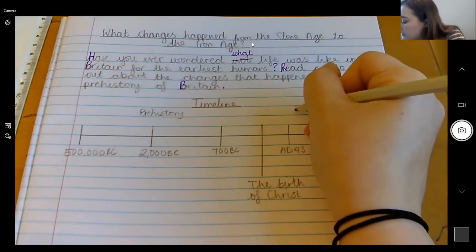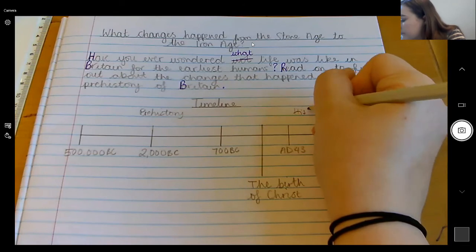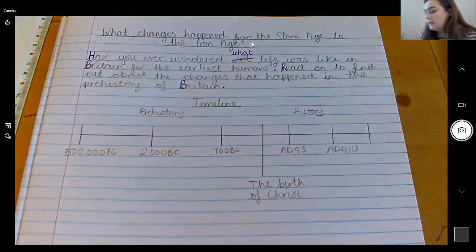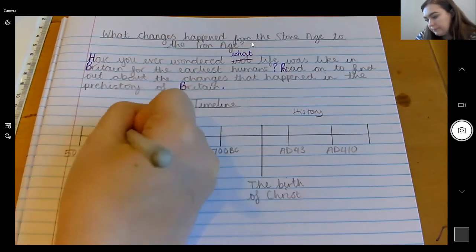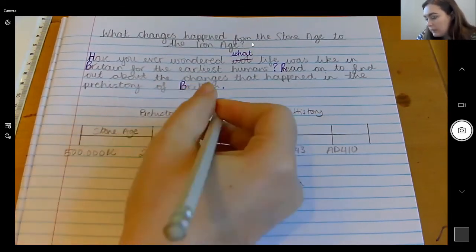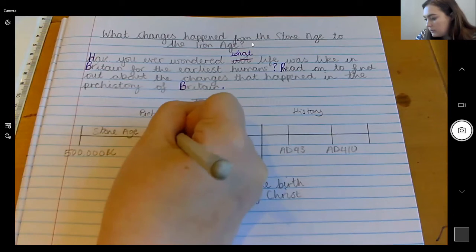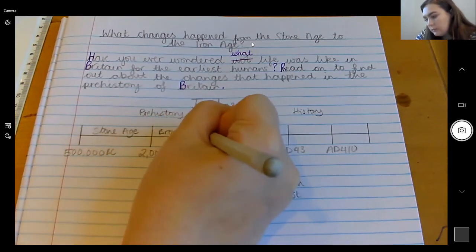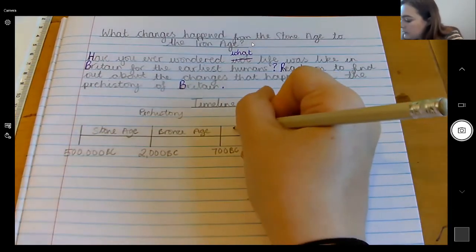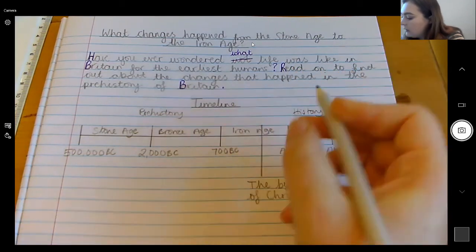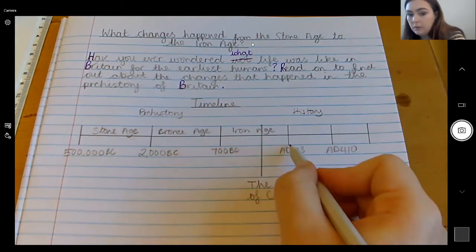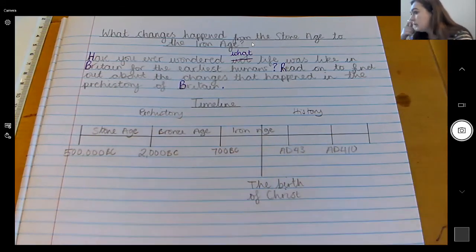And then here it said history. And then for this bit here, it was the Stone Age, the Bronze Age, the Iron Age. I remember that lasted from here all the way into AD 43.